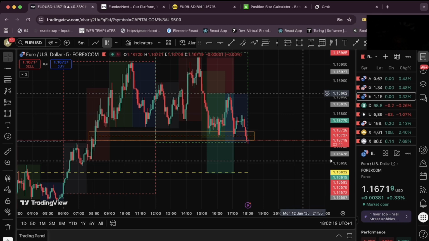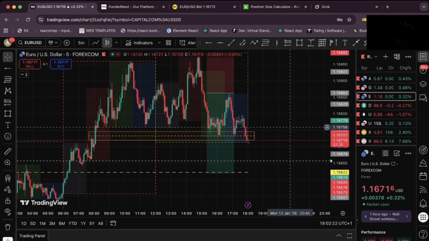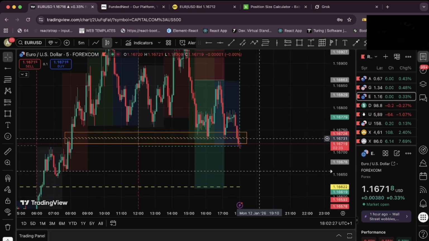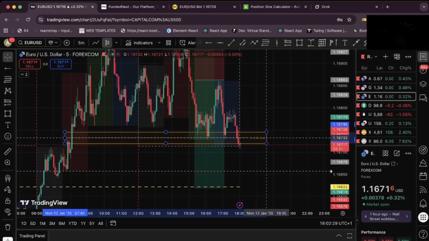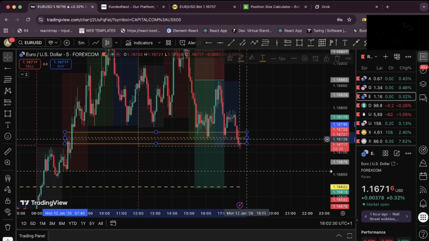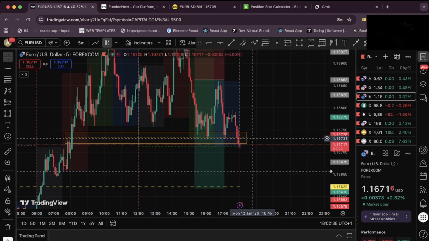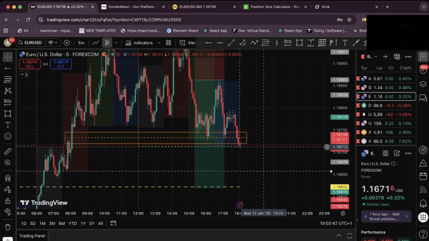The reason why I moved it all the way down there is because now that we've broken that fair value gap, that small gap that I pointed out before, it only makes sense that price should use that gap now as support for the bears, which is us. I'm a bear, and for the bulls it is going to now turn to resistance.